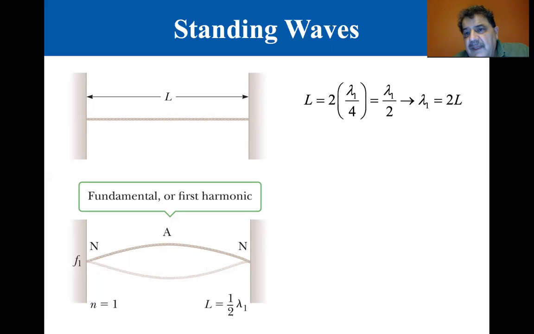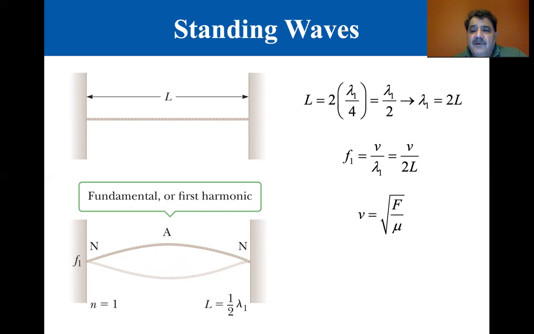So that ends up being lambda over 2, and so lambda is equal to 2L. So the wavelength is twice the length that you have here for the fundamental. So the fundamental is equal to the velocity divided by lambda 1, which is equal to the velocity over 2L.